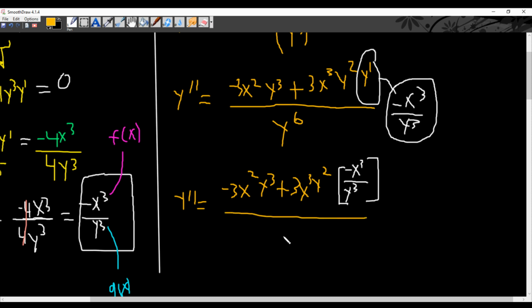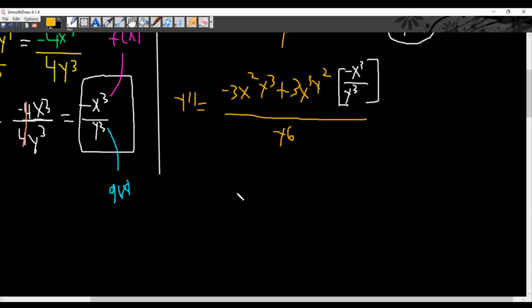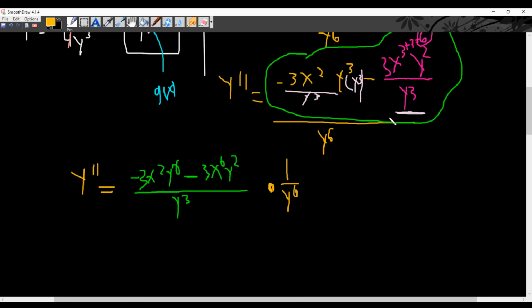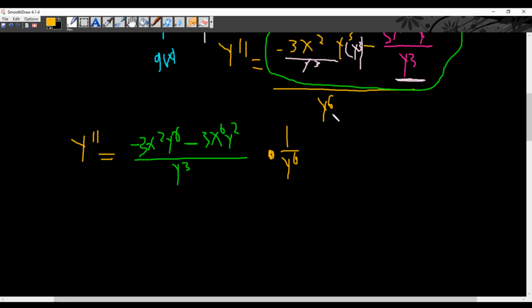This will then be divided by y to the 6. So now this will become simplified. I've already done that portion. I combined like terms and simplified the least common denominator, and now I'm going to simplify the rest.